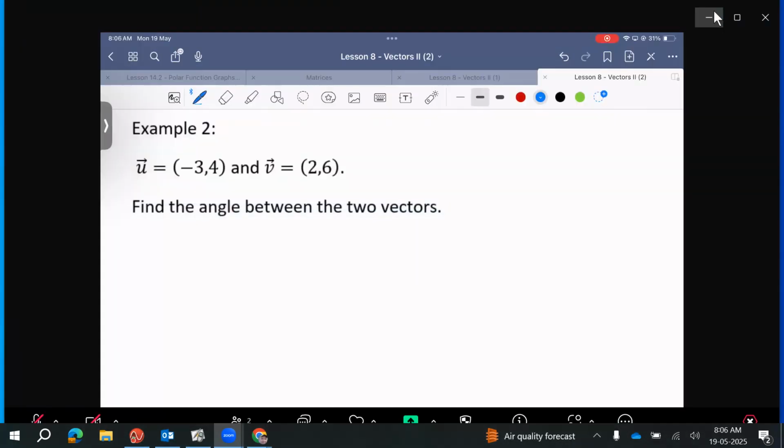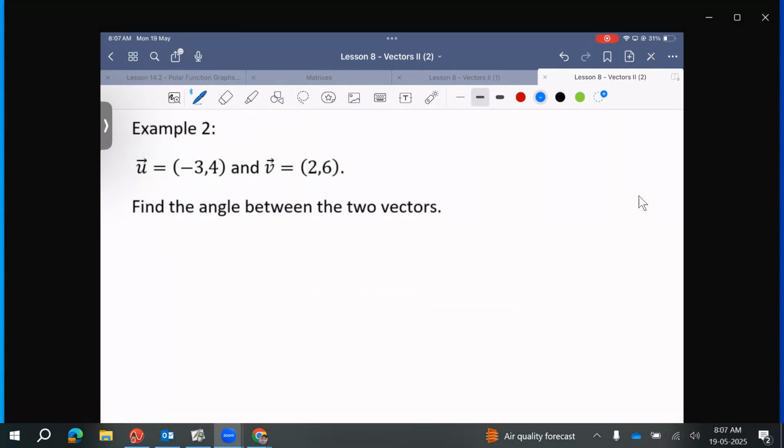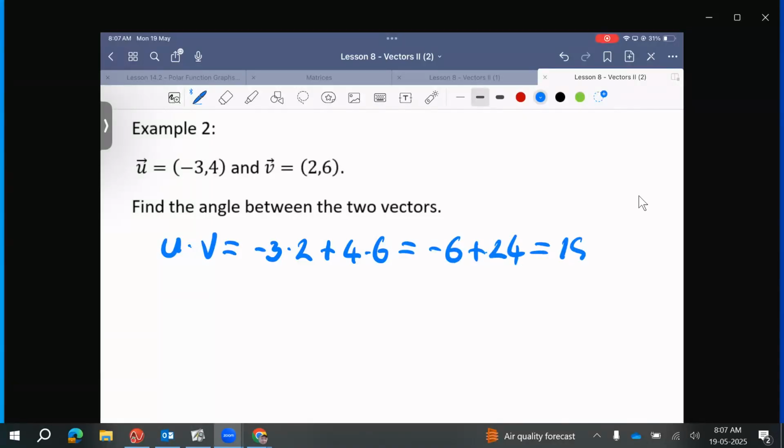Let's have a look. So what we need to do is find the dot product. So u dot v is going to equal, you don't have to write it out, -2 times -3 plus 4 times 6 is equal to -6 plus 24 is equal to 18.